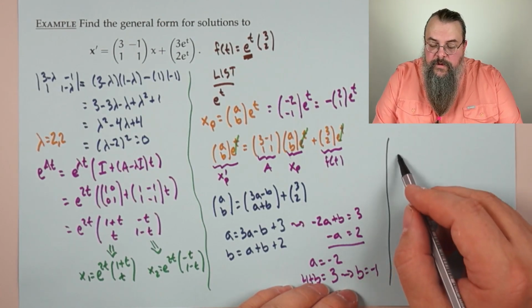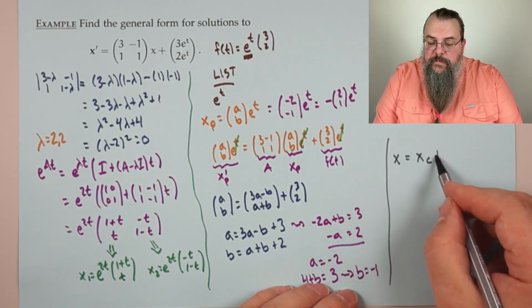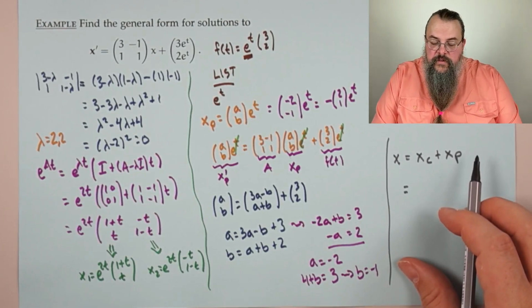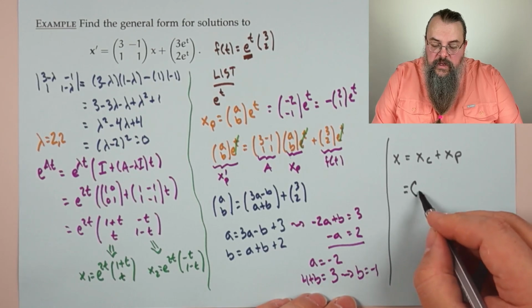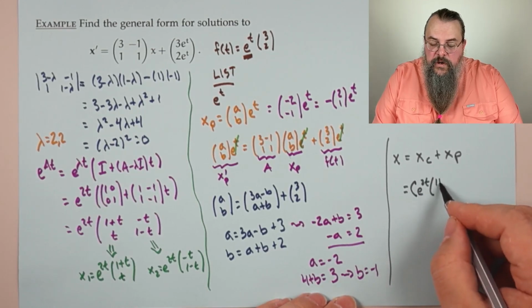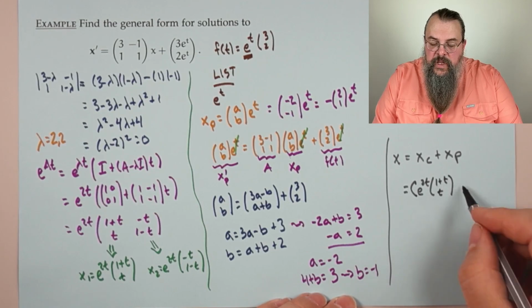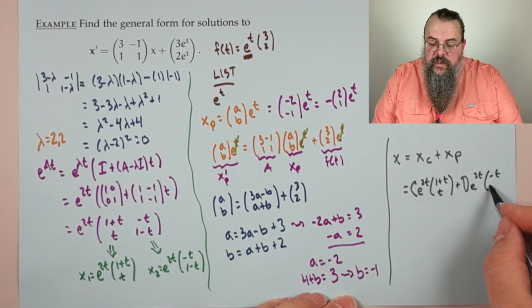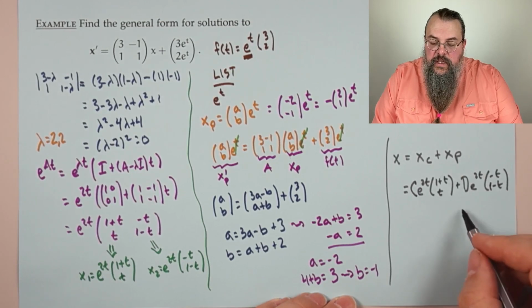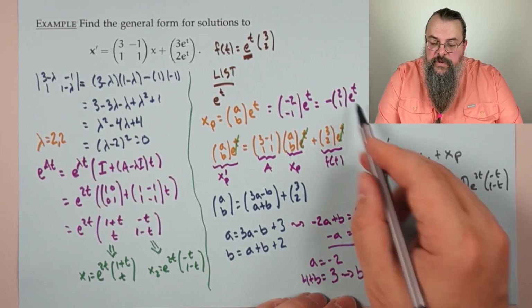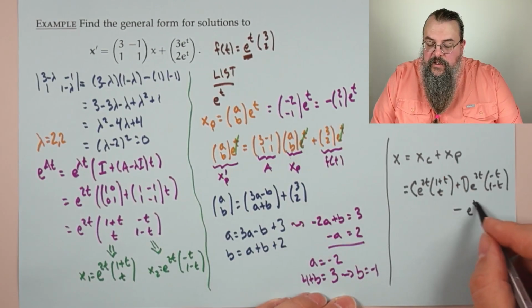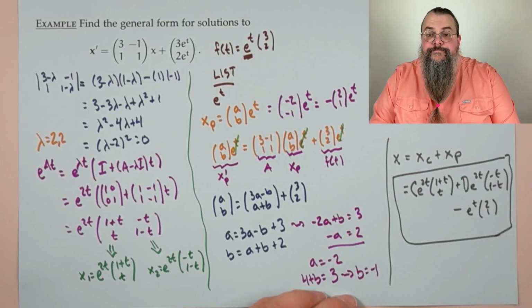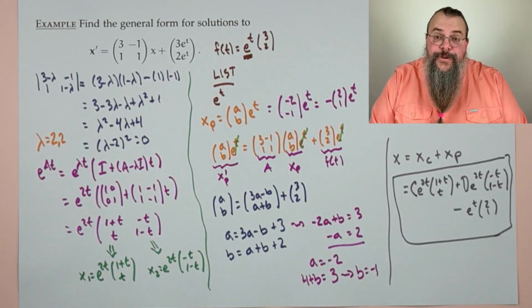So our general form, x looks like xc plus xp. So we're going to have some constant c, e to the 2t, 1 plus t, t, some other constant d, e to the 2t, minus t, 1 minus t, and then minus, and I'll put the e to the t in the front this time, e to the t, 2, 1. And that's it. That's our general form.